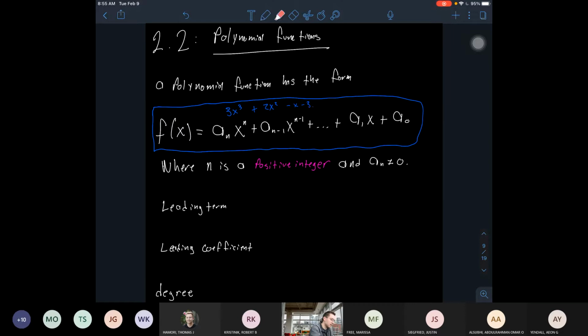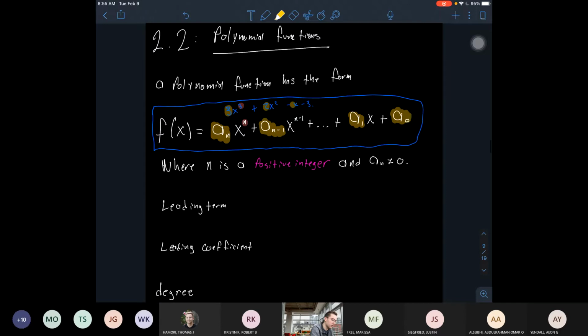In this case, n would correspond to 3, and a_n would just be the number 3, and a_(n-1) would just be the number 2, and then a_1 would just be the number 1, and then a_0 would be the number -3. Okay, so that's how this notation is working. So don't be intimidated by the fact that we have all these different numbers and letters all over the place.